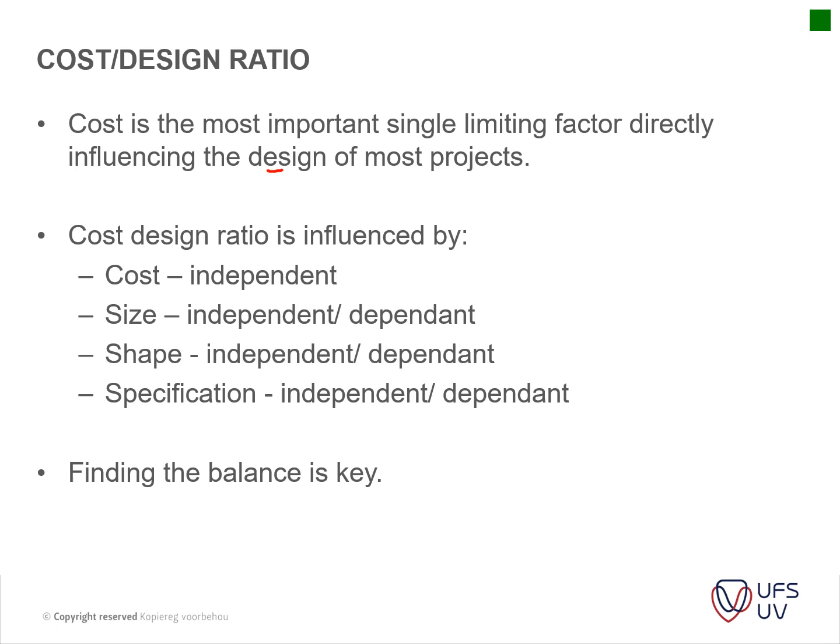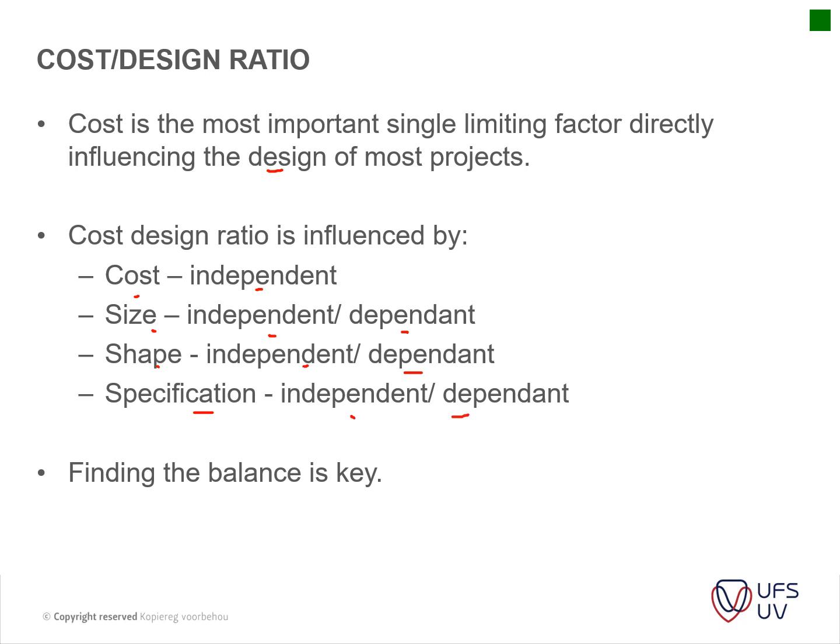The cost design ratio is influenced by the cost, which is independent. It's independent because the client knows, or he has the funds. The size of the project is independent and also dependent on the cost. The shape, same thing, also independent and dependent on the cost. And then you've got your specifications, independent and dependent on the cost.